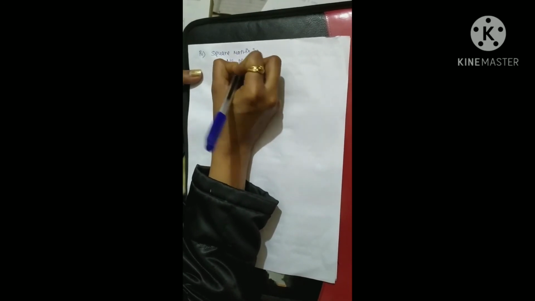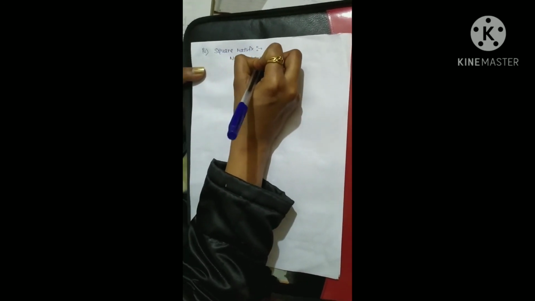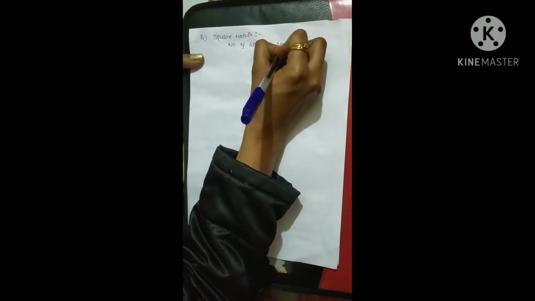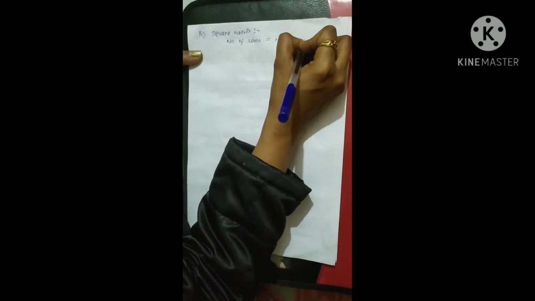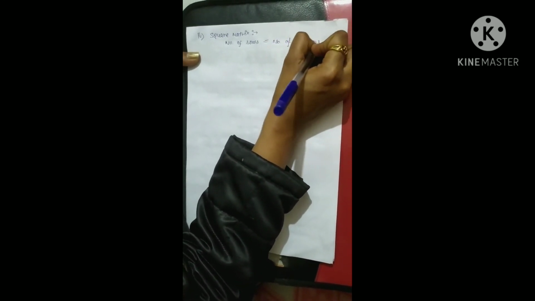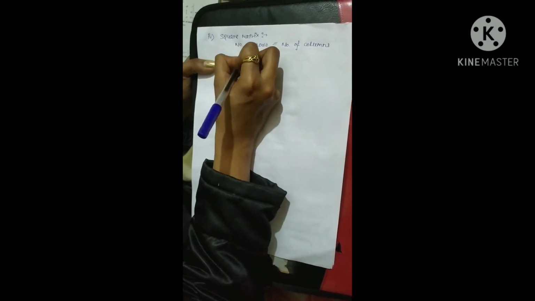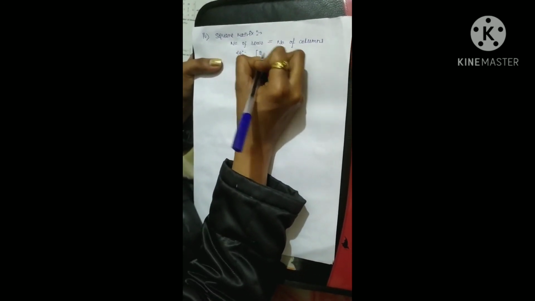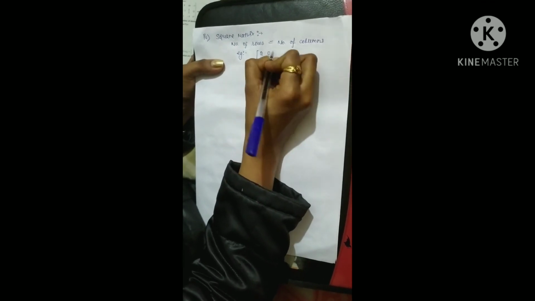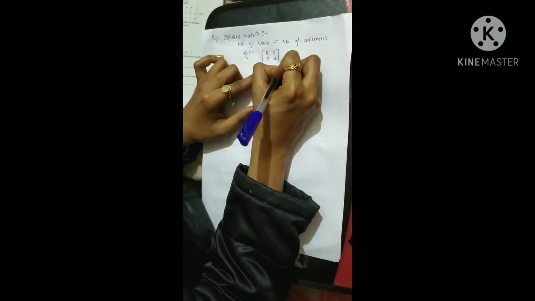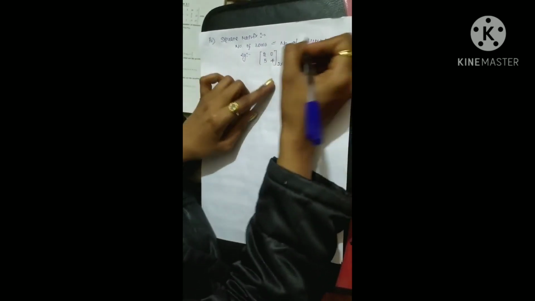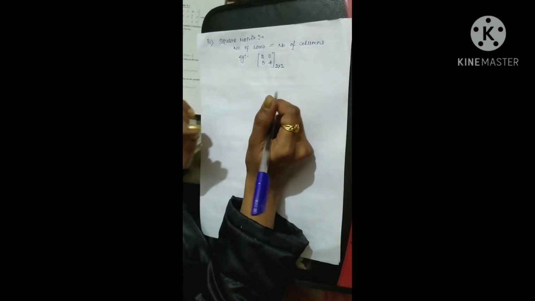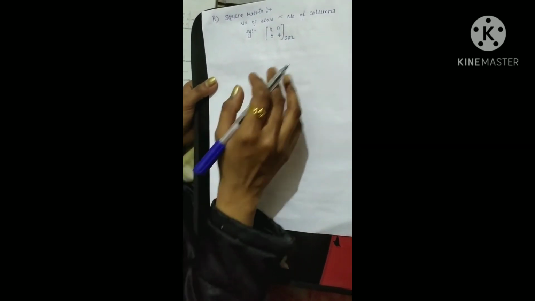Number of rows equal to number of columns. Simply you can write, for example, number of rows 2, number of columns 2. This is an example of a square matrix.